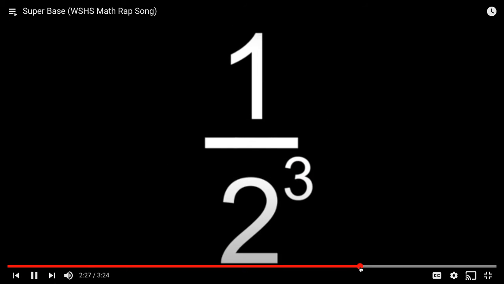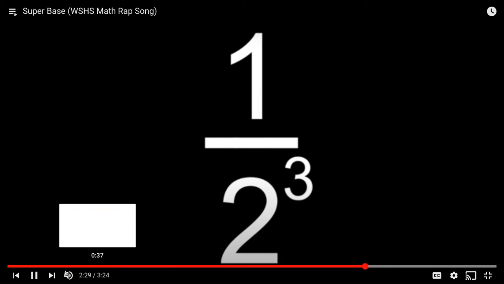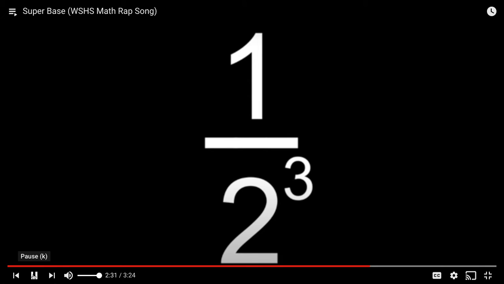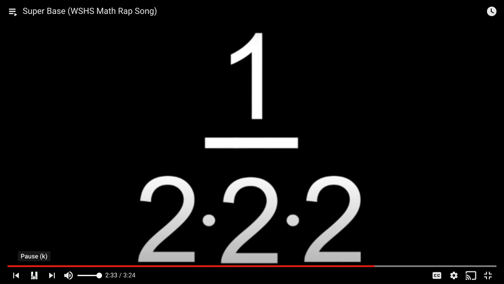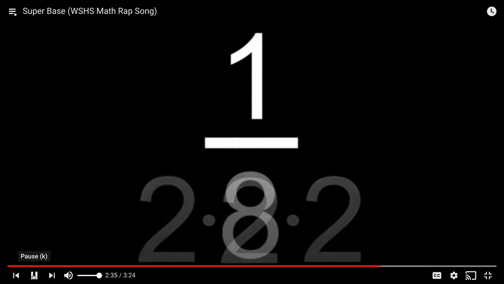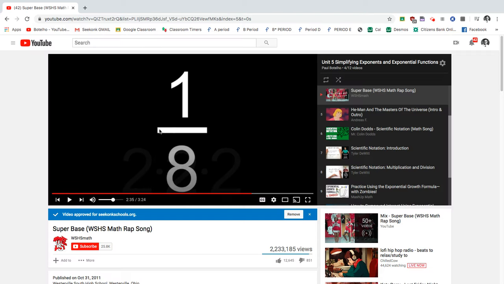Flip it again. One more time. So cool. And then you can simplify it to 1/8. So that's basically the rule there.